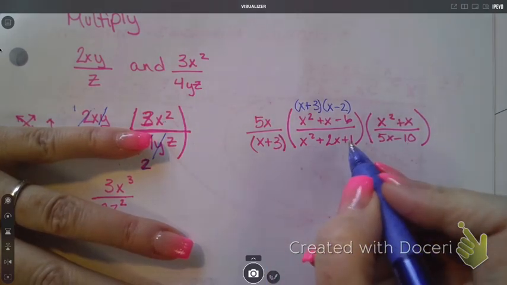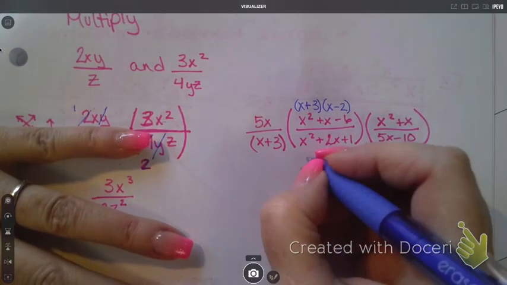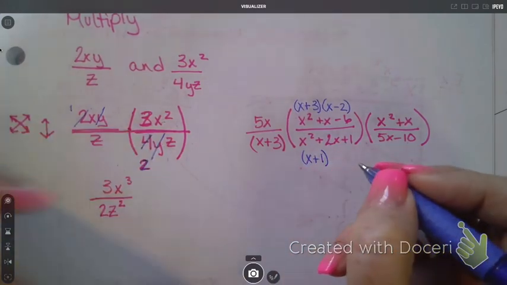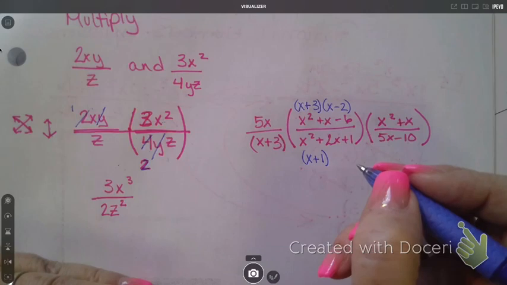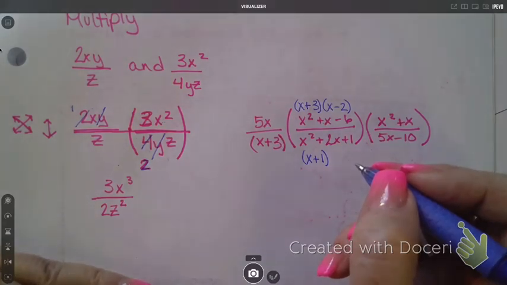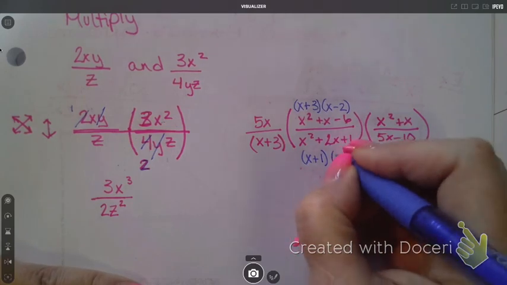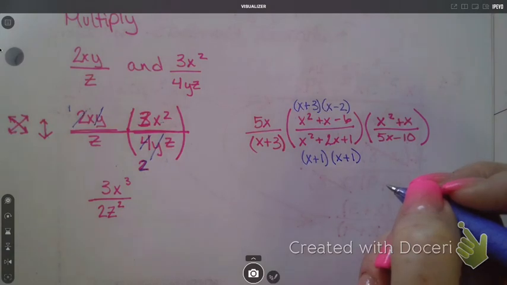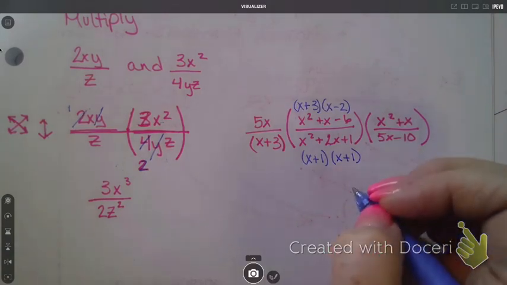Denominator, factors of 1 that add to 2. 1 and 1. So x plus 1. Do you want to put quantity squared or x plus 1 times x plus 1? Let's just do 2 parentheses, because then maybe only one of them can reduce out. Does that make sense? Yeah. You could do it with exponents, but sometimes it's easier like this.